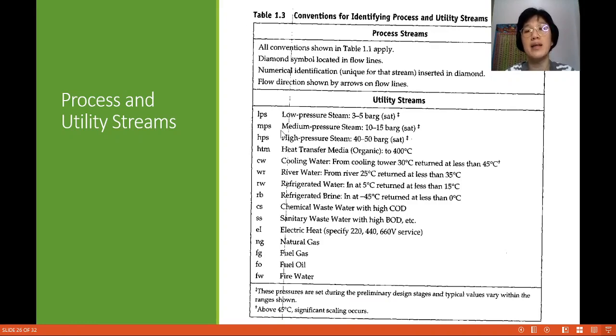MPS means medium pressure steam, and cooling water, we name it as CW. What else? Like fuel gas. If you need fuel in your plant, then you use fuel gas, so it is FG. If you need natural gas as your fuel, then you use NG.